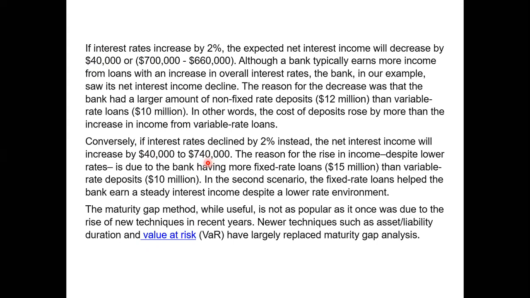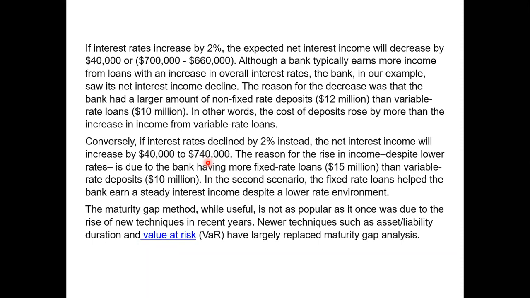The reason for this rise in income, despite the lower rate, is that the bank has more fixed rate loans. The bank has more long-term fixed assets than variable rate deposits. In the second scenario, the fixed rate loans helped the bank earn a steady interest income despite the lower rate environment.